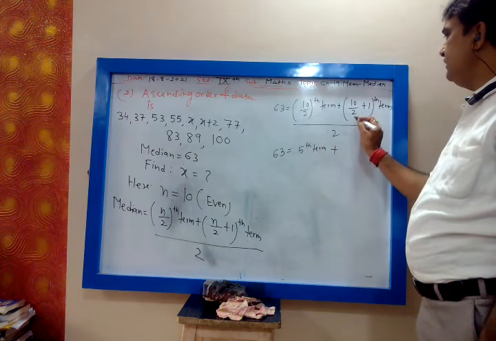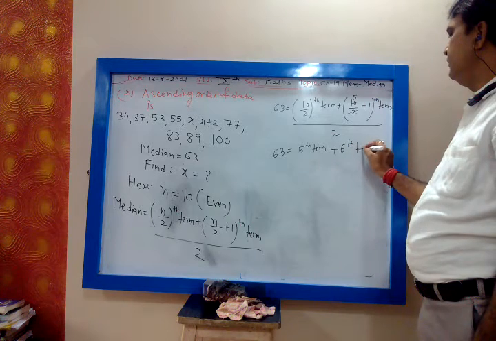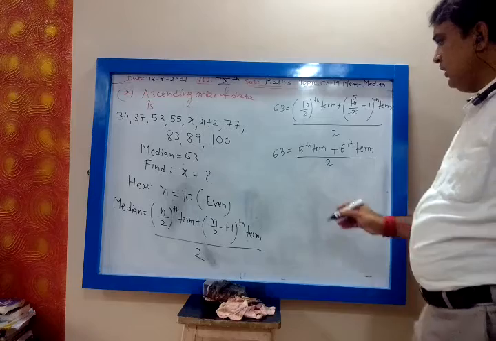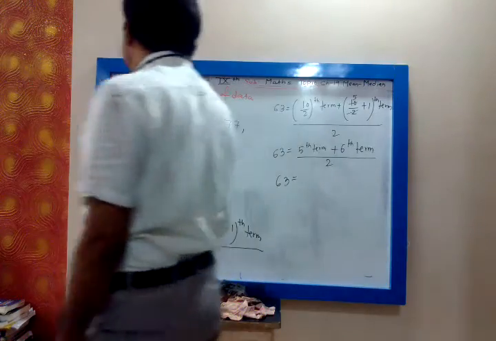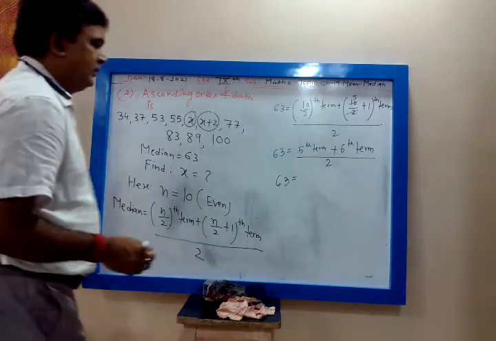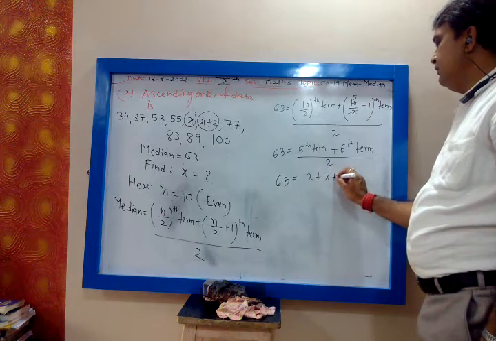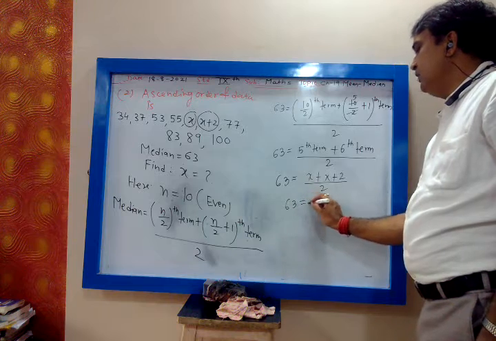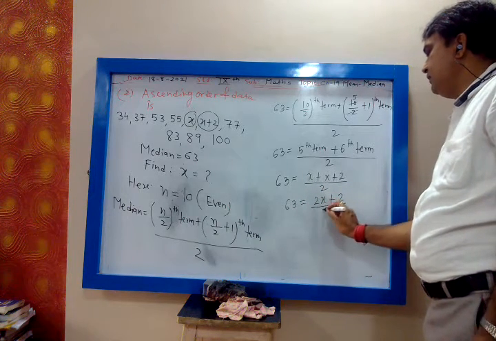So 5th term plus 6th term divided by 2. So 63 is equal to the 5th term. What is the 5th term? 1, 2, 3, 4, 5. This is the 5th term, this is the 6th term. So x plus x plus 2, that is 2x plus 2, divided by 2.